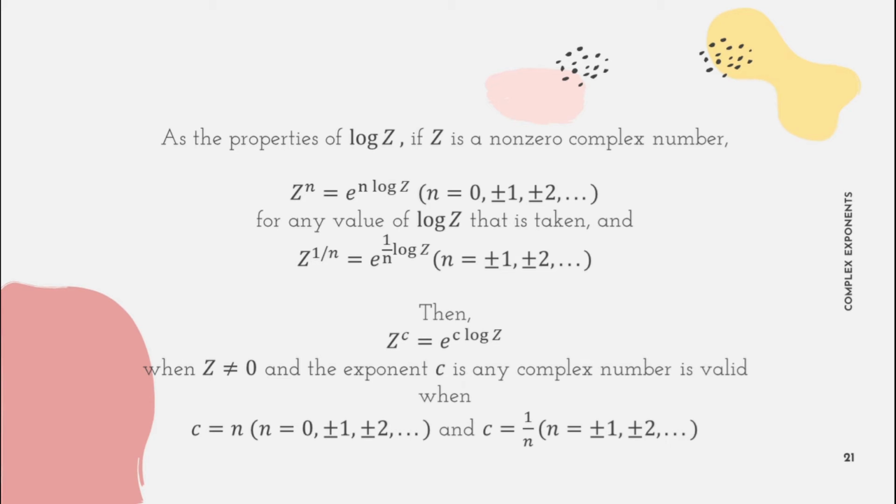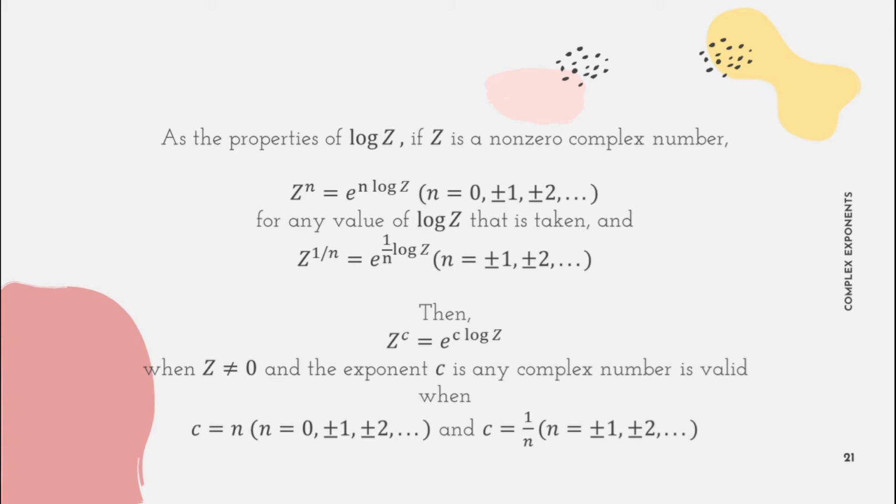And the equation z^{1/n} = exp((1/n) log z), where n = ±1, ±2, etc. This definition shows that the equation z^c = exp(c log z), when z is not equal to 0 and the exponent c is any complex number, is valid when c = n, where n = 0, ±1, ±2, etc.